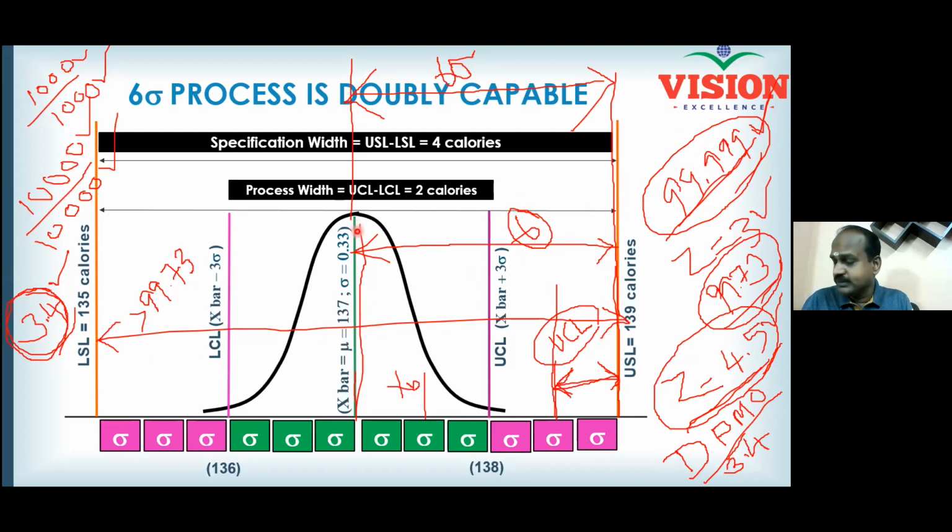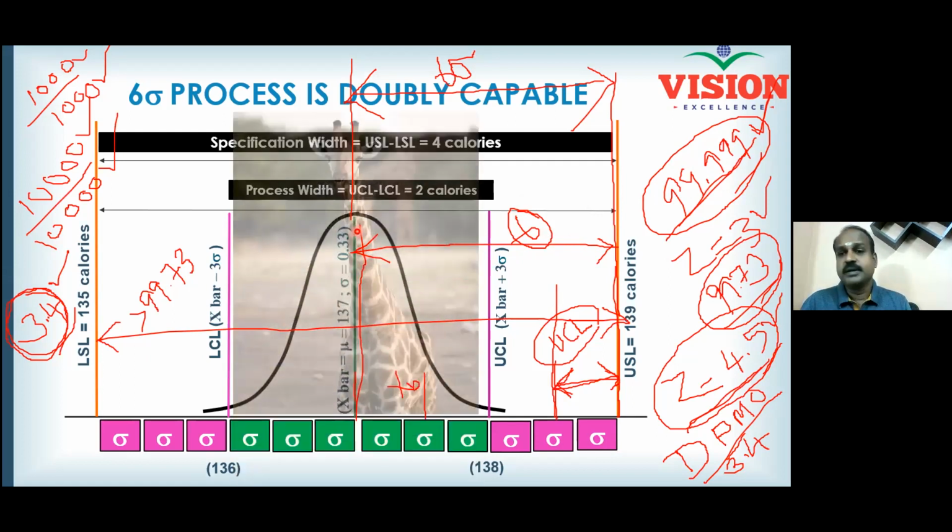So I'm going to give this process a nickname called the giraffe process. Earlier it was an elephant. Now, when you push the control limit towards the center, you will see your graph growing taller in the center, right? I just gave it a nickname, giraffe process, nothing but statistically a 6 sigma process.